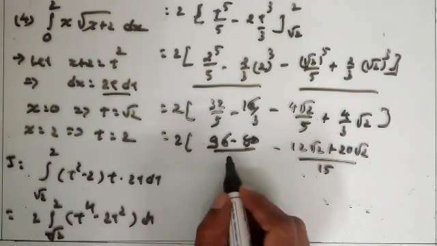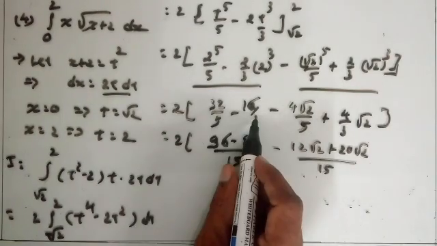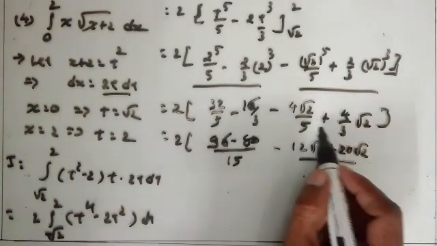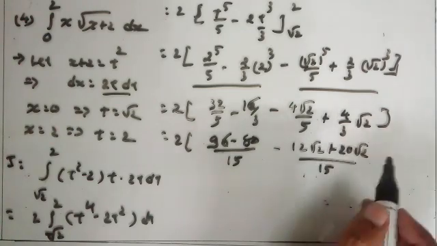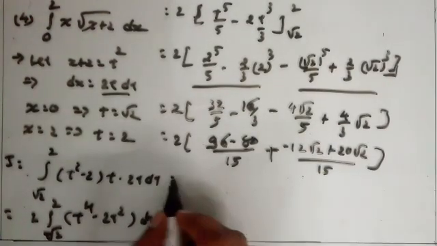here minus upon 15. Take LCM. Here 5 into 3 15 take LCM, and for these two terms 15 take LCM. So is equal to, simplify this here.